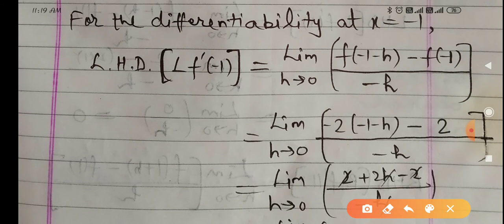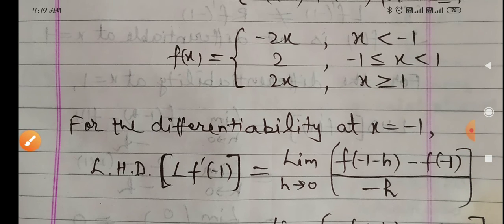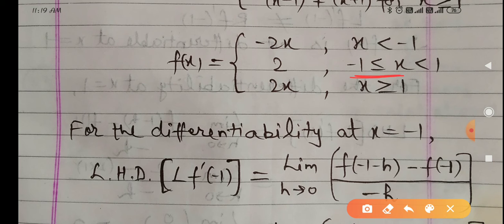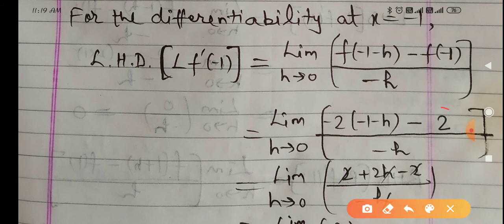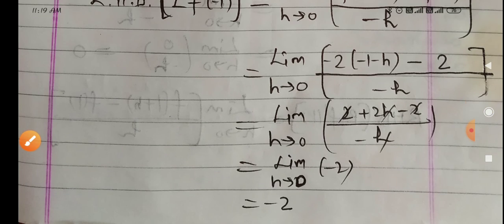You can see -2 into (-1 - h), minus f(-1). The value of f(-1), at x = -1, is 2. So I have put 2 here. Now you simplify. When you simplify, you get the limit as h tends to 0 of -2. So the left hand derivative is -2.